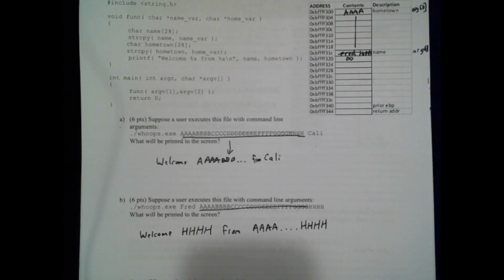So we've sort of overflowed hometown into name when we string copied because it was too large, and then we also overflow reading into name whenever we print it, because the null terminator is somewhere in name, and it's going to keep printing until it finds that null terminator.